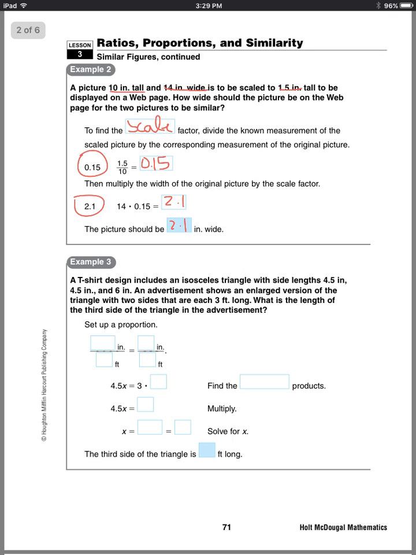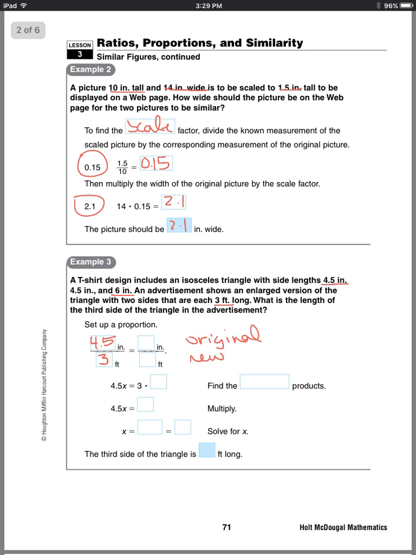So, we know that in the original it was 4.5, in the new it was 3. So we're going to put 4.5 over 3, original over new. So then we need to know the length of the third side.